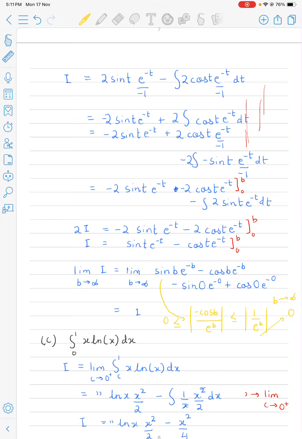If you take b tends to infinity, then this thing has to go to 0 because of the sandwich theorem, right? This is 0 and this one also goes to 0. So this one goes to 0, this one goes to 0.